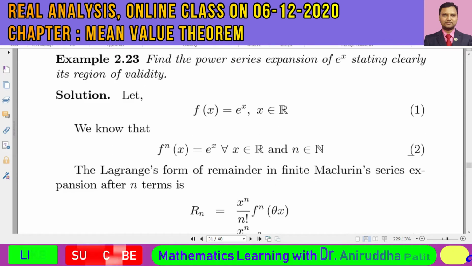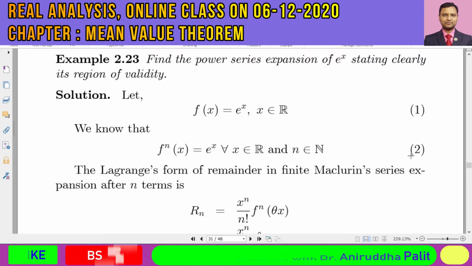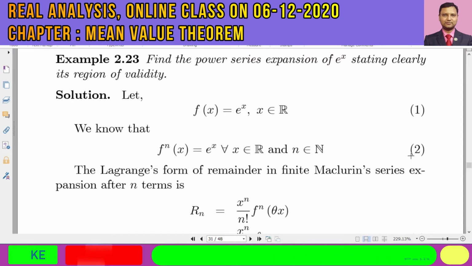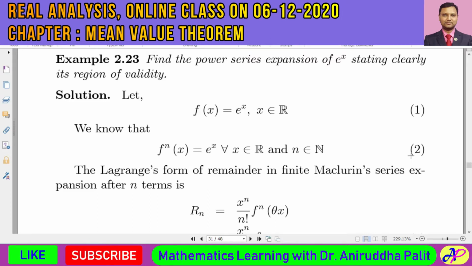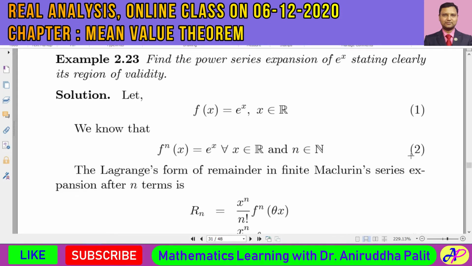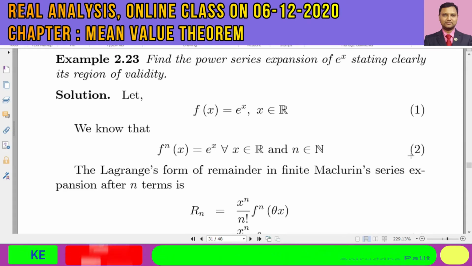First of all, we have the function e to the power of x, and this was a question that was selected in the university examinations a few years back. I'm just writing the question in toto. It says: find the power series expansion of e to the power of x, stating clearly its region of validity. That means in this kind of expansion, we need to check the range of x at which the infinite series expansion would be valid.